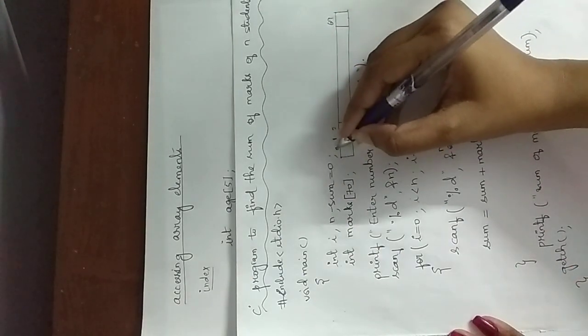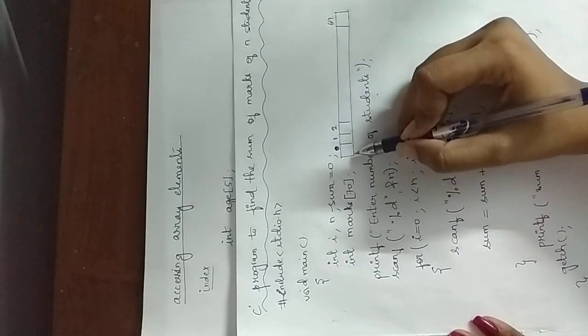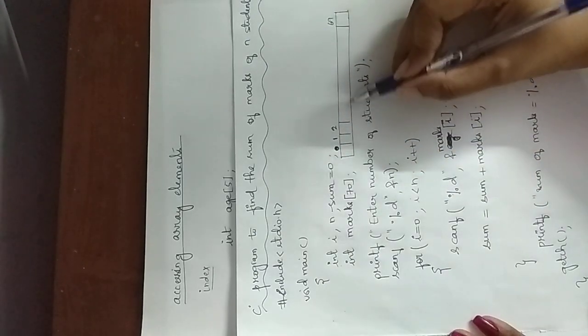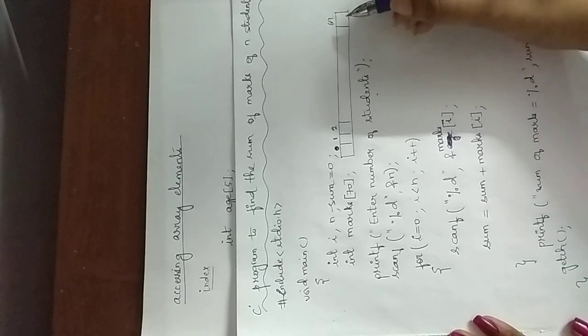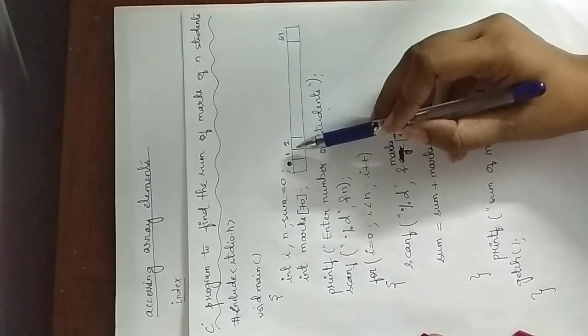So it will start with a 0, 1, 2, and go on. So this is marks of 0, marks of 1, marks 2, marks 3, 4, 5, so on till it reaches marks 69.